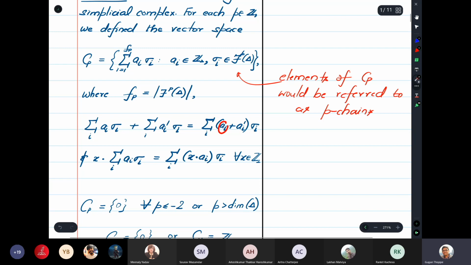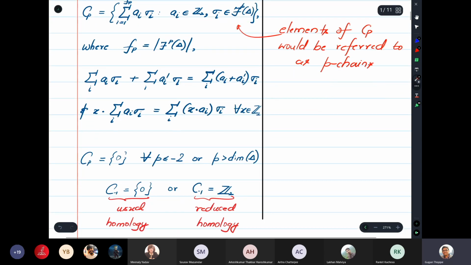Well, notice that ai is an element of Z2. Similarly, ai prime is an element of Z2. So this addition you can simply do based on the knowledge that you have about additions in Z2. In this way the addition between two p chains is defined. And similarly, here is the rule which specifies how to perform the scalar multiplication operation.